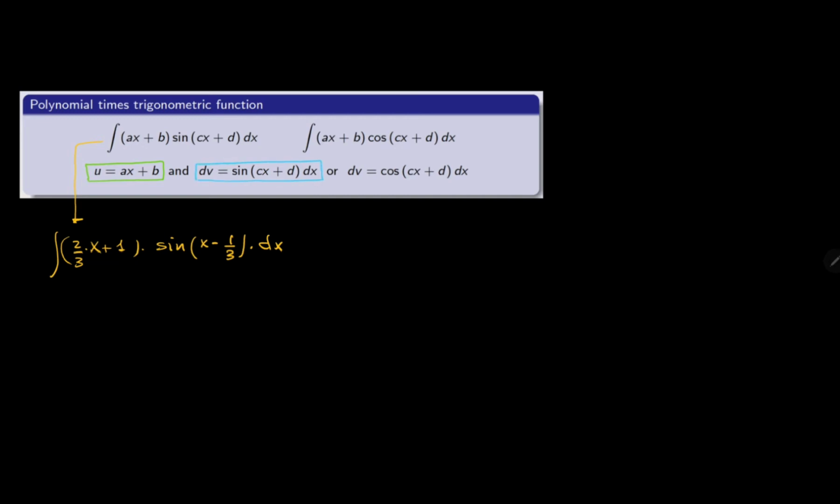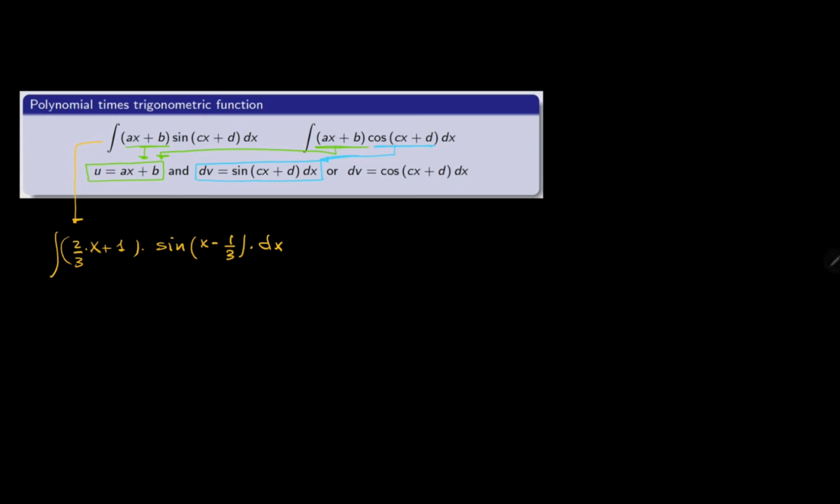Same situation, same type of work applies for the polynomial expression that multiplies a cosine function. It is always going to be the u block, while the trigonometric function is going to be the dv block. Let's see an example with the sine function and with the cosine function. The work will be similar.